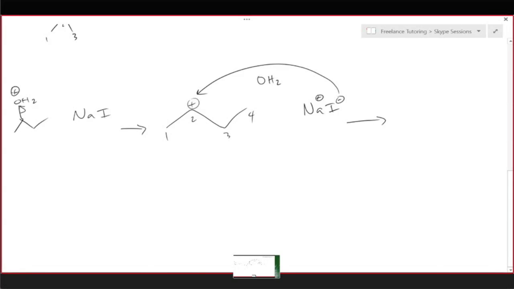Good. So you just figured out what's going to happen in the second step. And you may as well draw the product from that too.